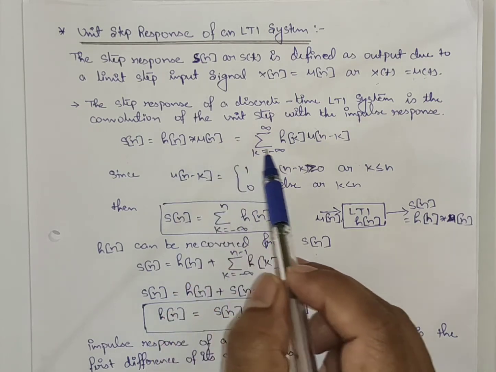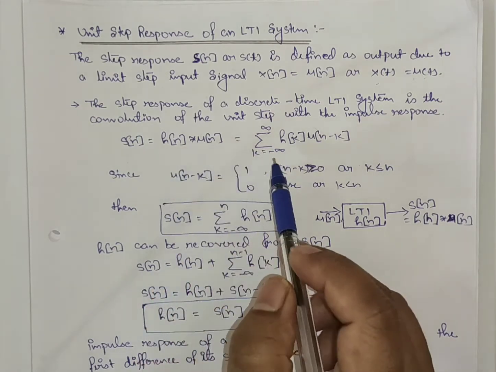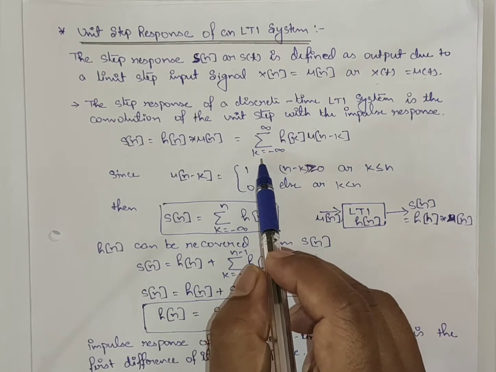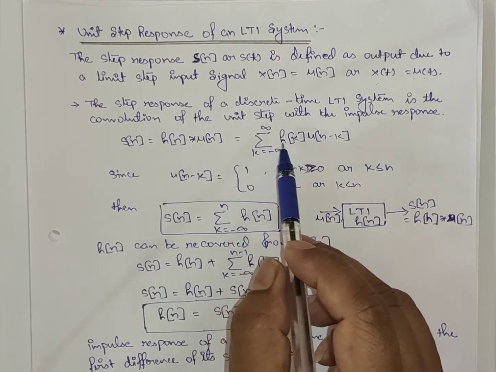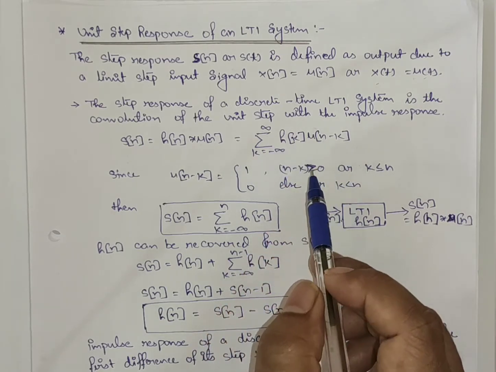If we formulate this, the equation becomes the summation from minus infinity to infinity of h[k] u[n minus k].